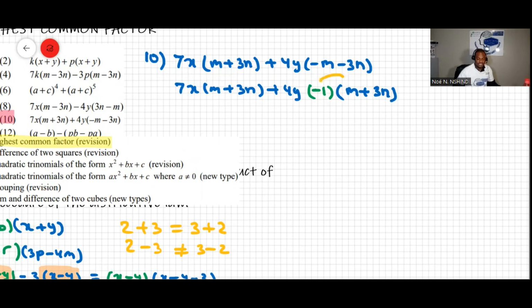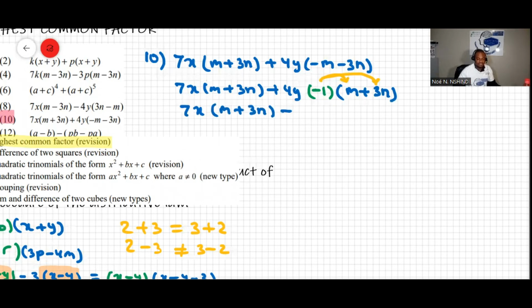If you do negative 1 times m, you get this negative m. And if we do negative 1 times 3n, it's going to be negative 3n. So I take negative 1 as the common factor, and then this will be 7x, m plus 3n, close bracket.